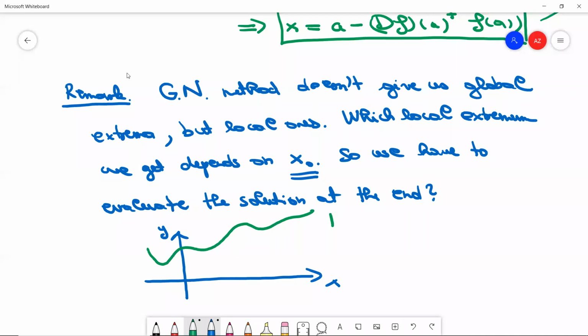And we are searching for x such that the absolute value of f of x is as small as possible. So what we would like to determine is this x. For this x, f of x is the smallest possible.